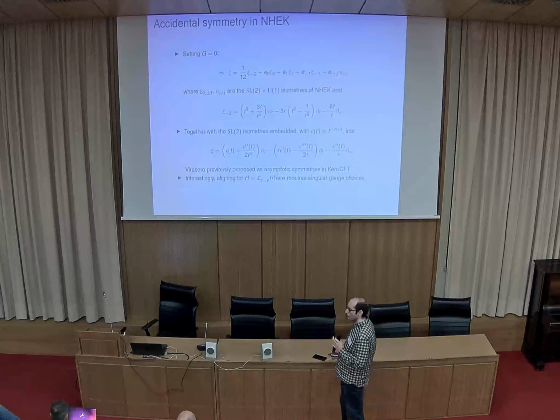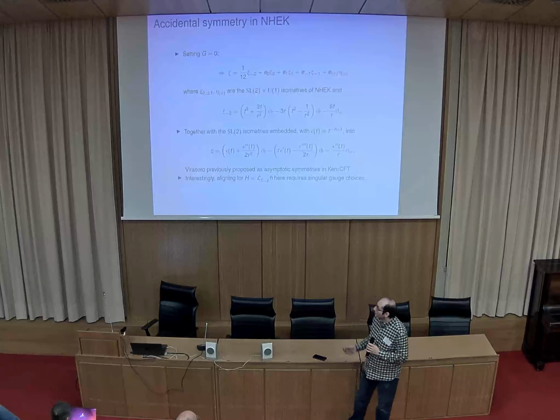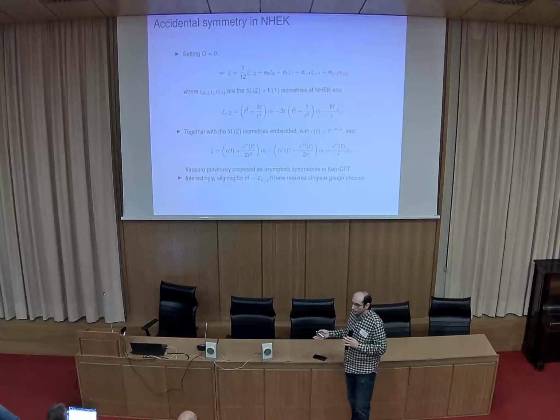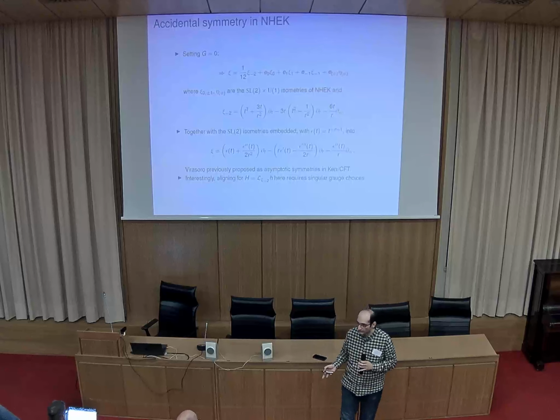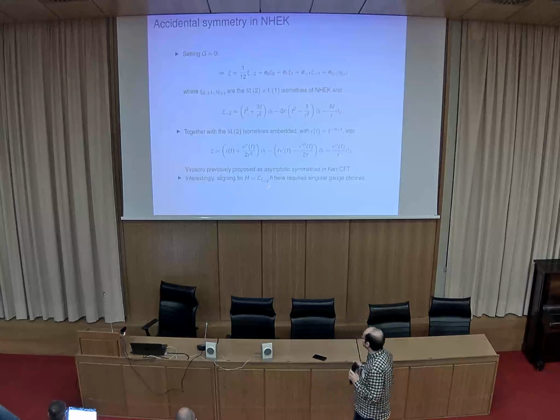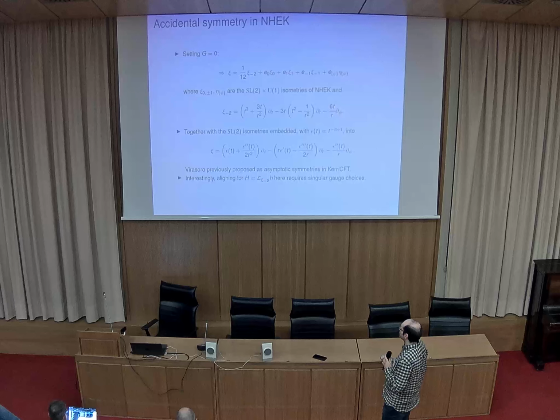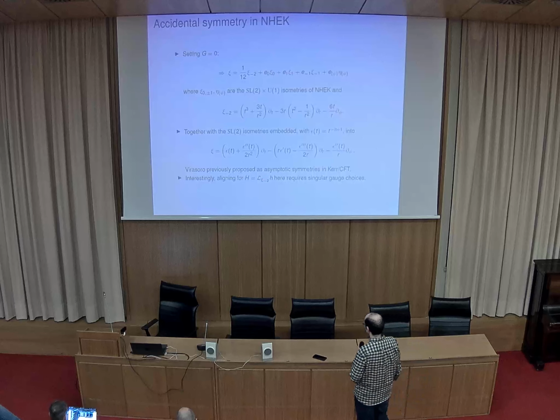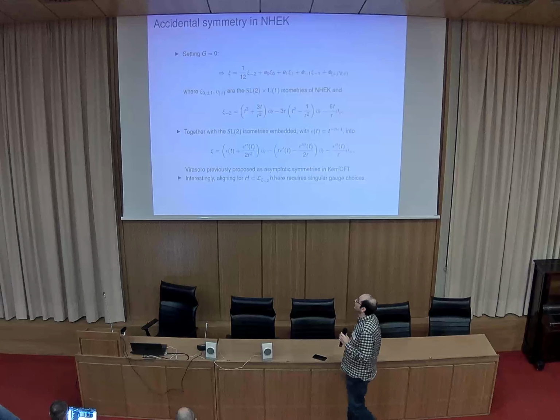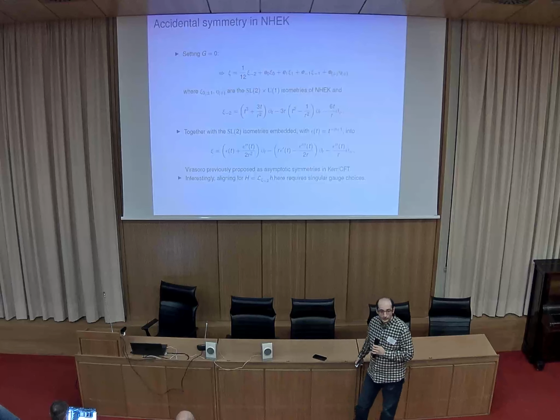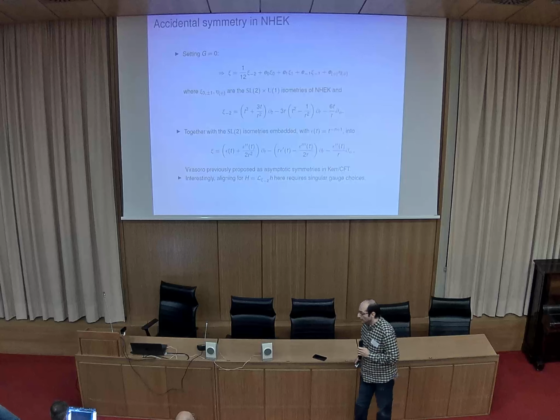So that's curious. It's nothing to worry about, because if you don't go to those singular gauges, all of your perturbations, all of your vector fields are perfectly regular. But if you want to display this equation, you can only do that in singular gauge choices. OK, that's not the first time it appeared in perturbative problems of NHEK. It's curious. One might wish to think more about it.